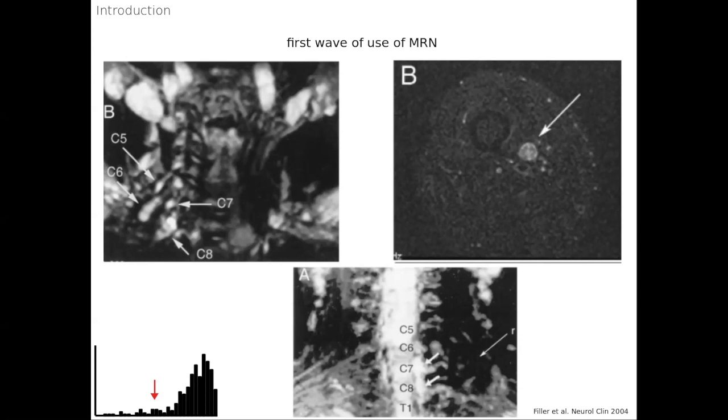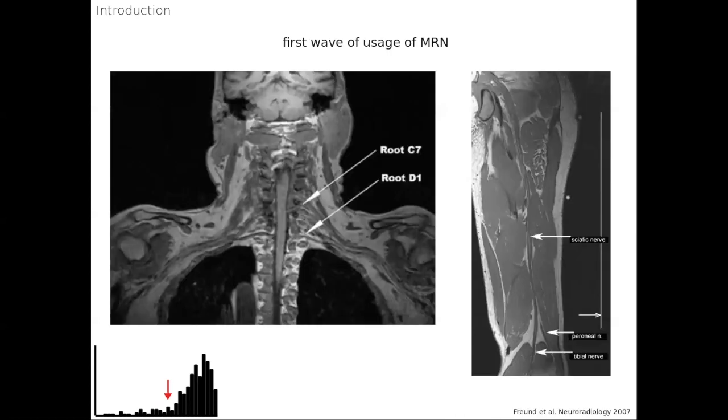So actually the images weren't that nice then, but a couple of years later, when the sequences were tuned to have better morphological detail, also of the extremities and all the soft tissues, then the interest came up because the peripheral nerves could actually be quite well delineated using the MR. And you see here already that the peripheral nerves are much more visible. Here on the left, the brachial plexus, and on the right, the thigh.